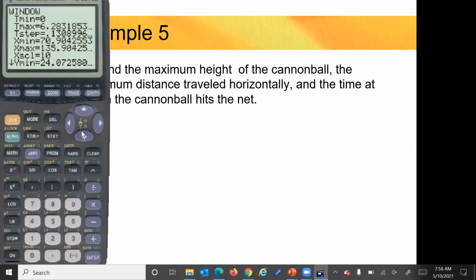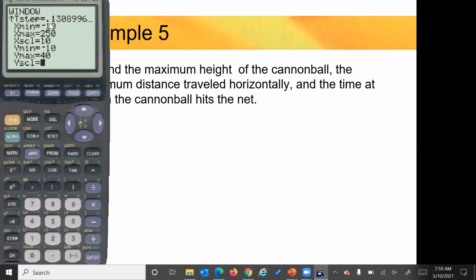So window, I'm going to go again, negative 10 to 250. Wait, what did you say? Sorry.